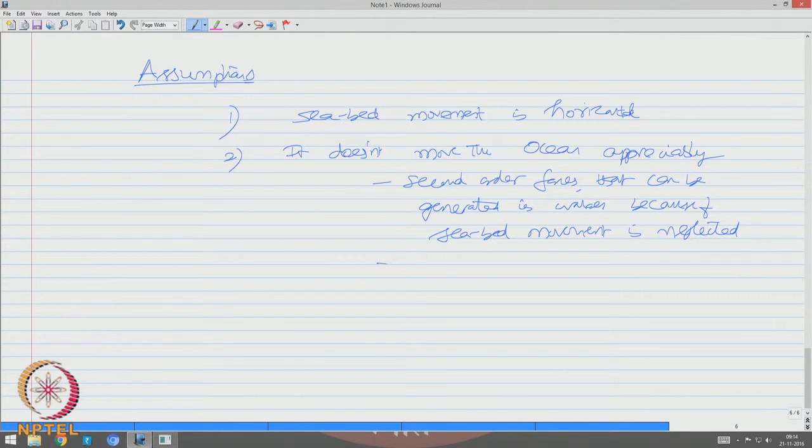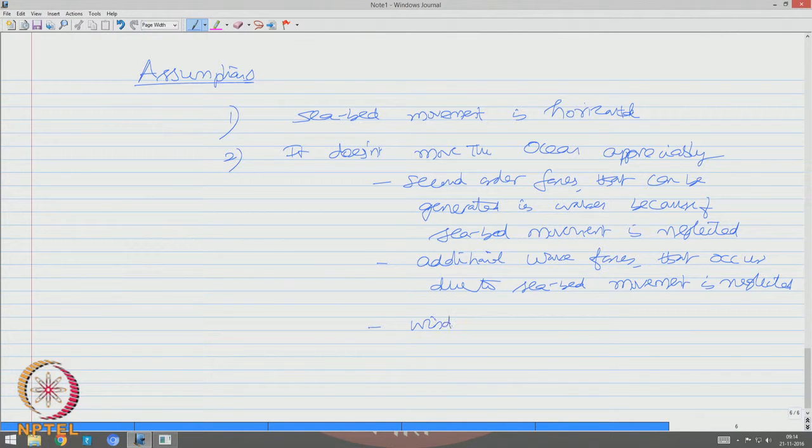That is, additional wave forces that generally occur due to seabed movement is neglected. Only wind generated wave forces are considered.